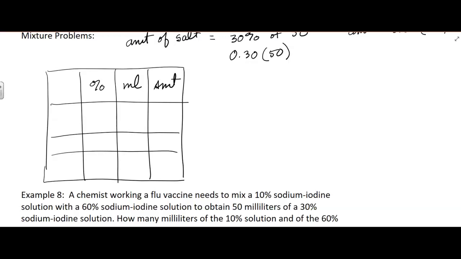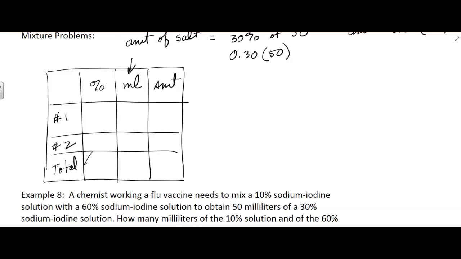Then you're mixing two things, so number one and number two, thing one and thing two. You fill out this chart, and then down here you're going to have a total. Oh, we do need that box. Okay, so that's how the chart's set up.